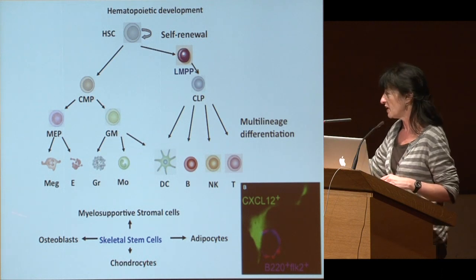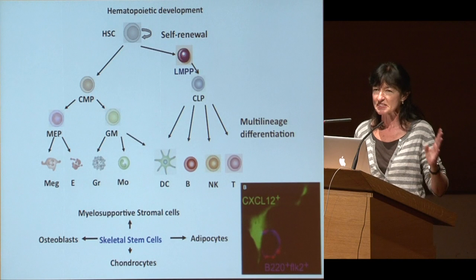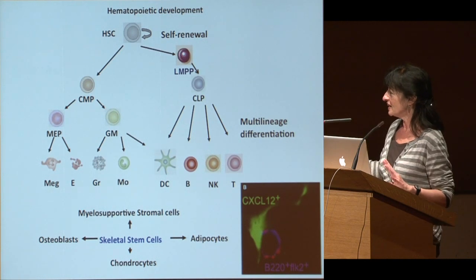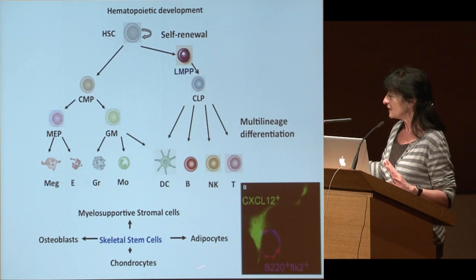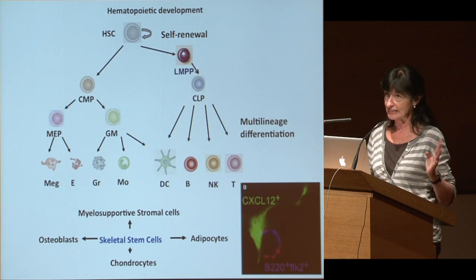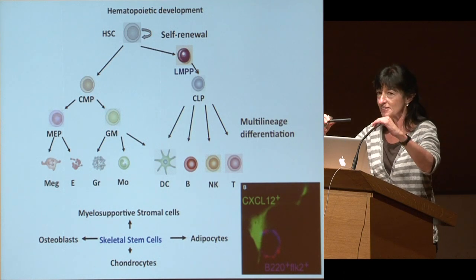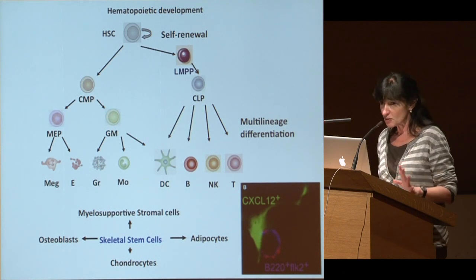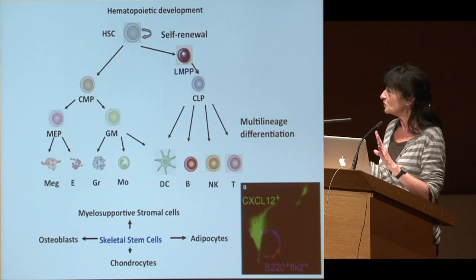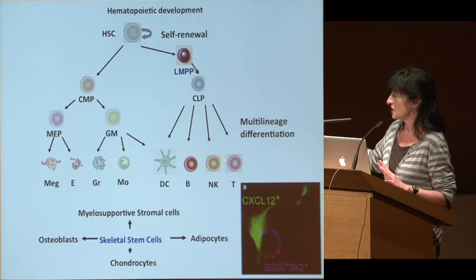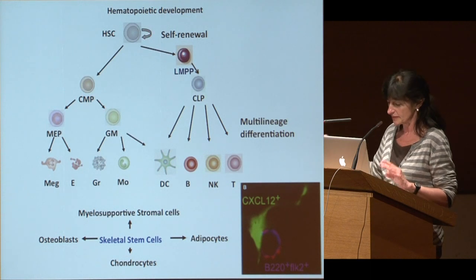And what I call here myelosupportive stromal cells, I think we really don't know exactly what those are. I think those cells definitely make part of what we call the niche of the hematopoiesis in the bone marrow, probably endothelial cells as well, but we don't really understand how that happens. We don't really understand what signals this cell either to self-renew or to differentiate and lose self-renewal potential.